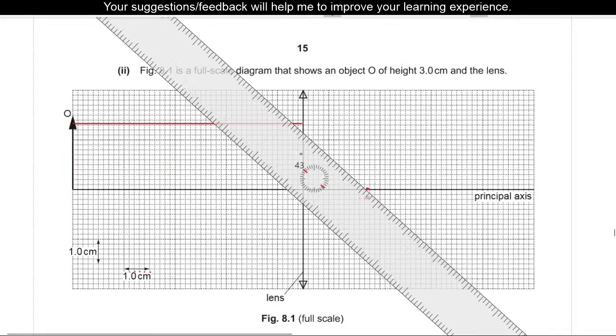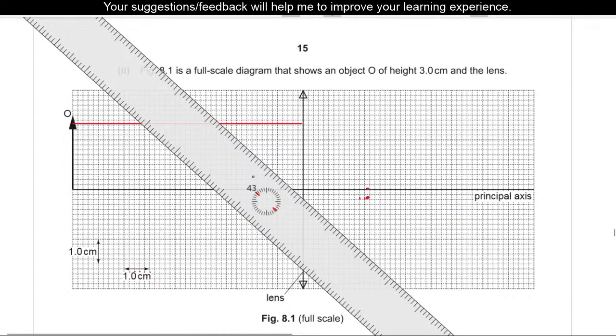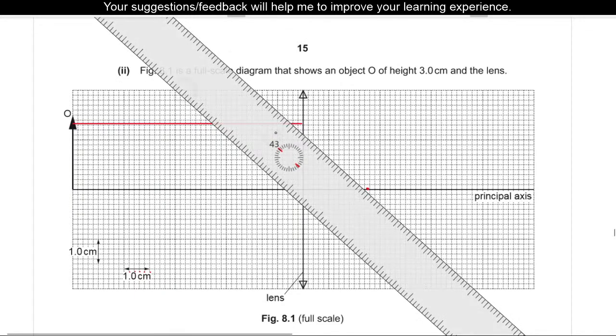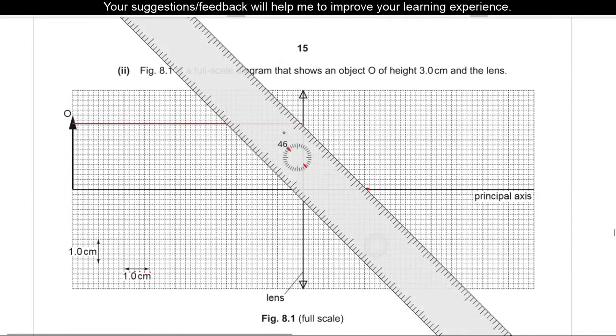So let me erase this one. And then we will draw a line from here to here through the focal point.